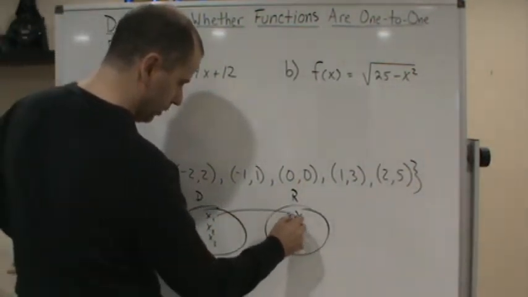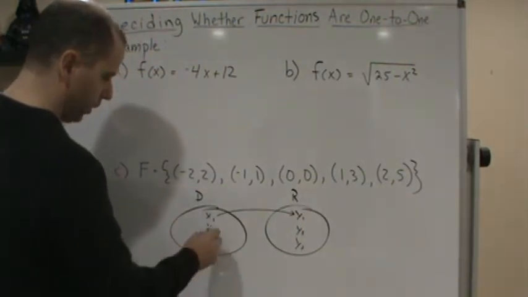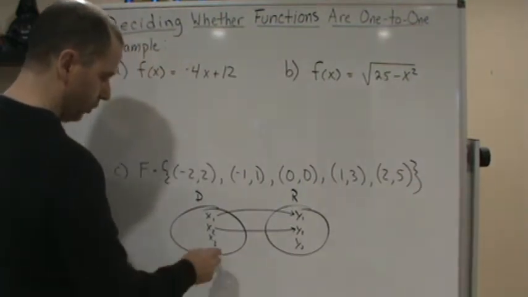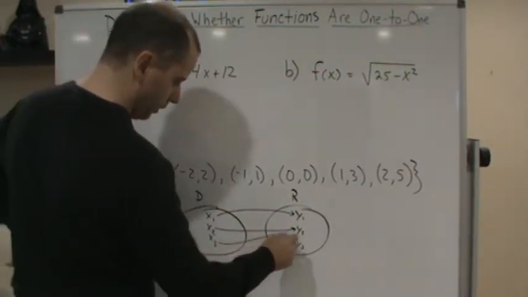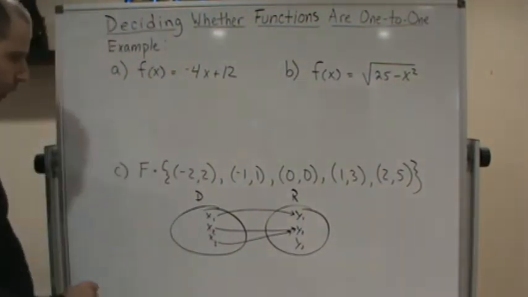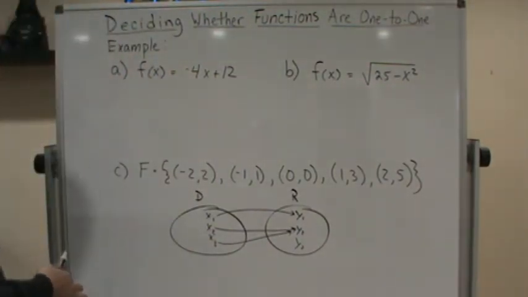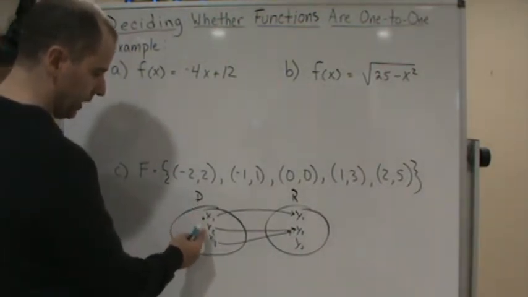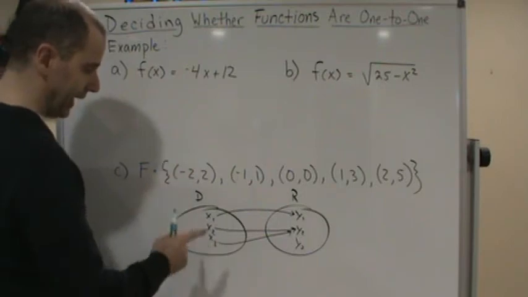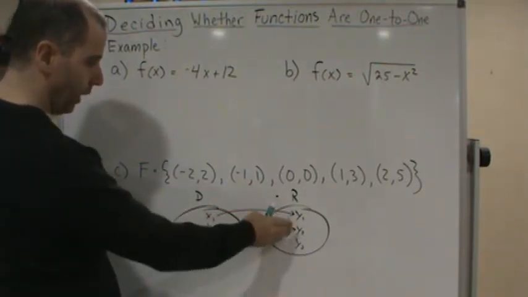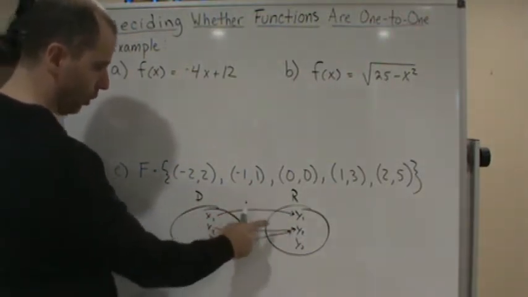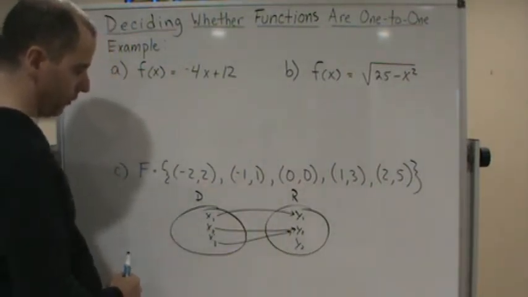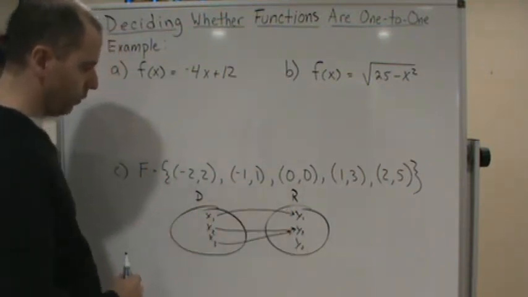We could have x1 going to y1, x2 going to y2, and x3 going to y2. This is a valid function because each and every x value only has one y value. x2 only goes to y2, x3 only goes to y2, x1 only goes to y1.